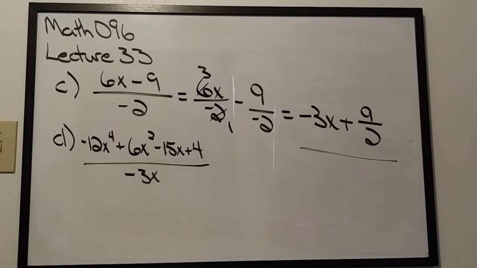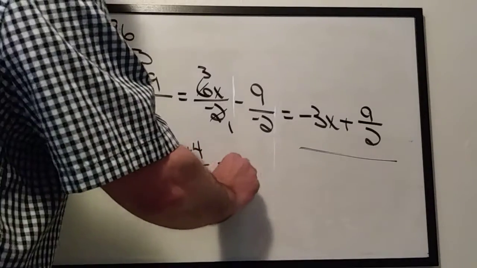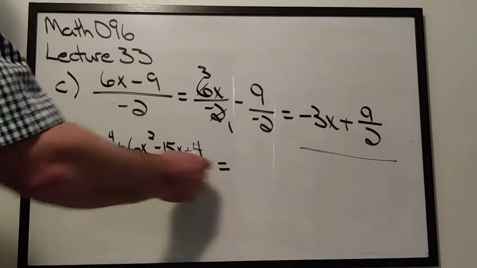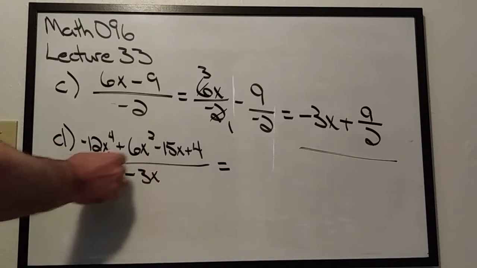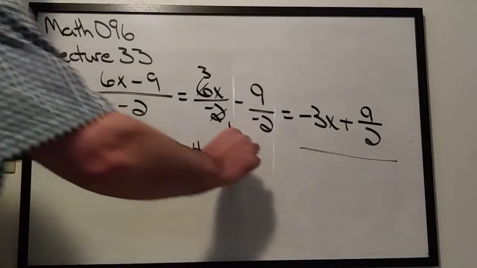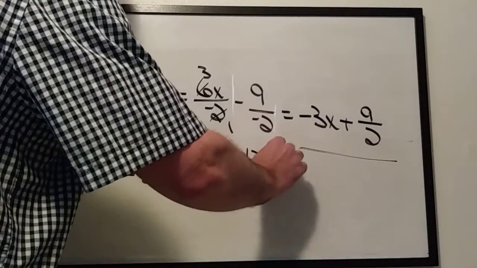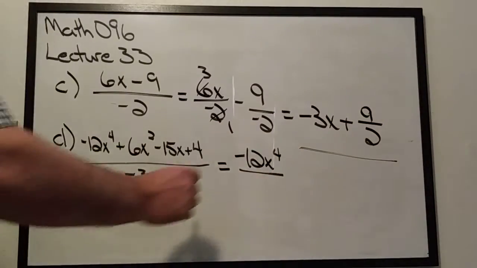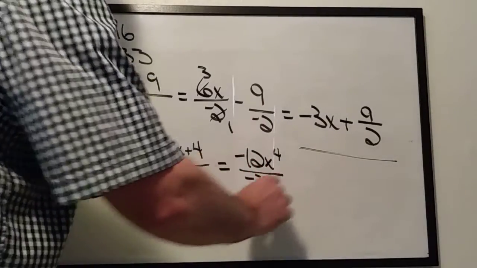So yeah, our denominator is a monomial. And because that denominator is a monomial, I can use the same technique that we've been talking about. So let's go ahead and talk about all of those pieces together. So I know I'm going to have 4 smaller fractions. The first term in my numerator, negative 12x to the 4th, is going to be divided by my common denominator of negative 3x.